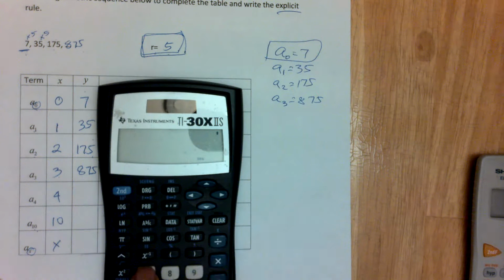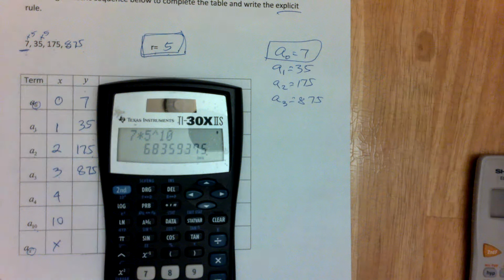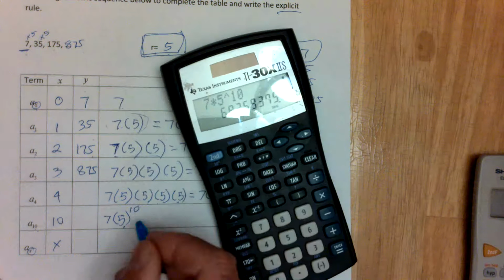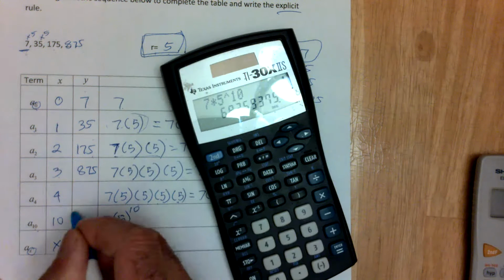And that's going to be 7 times 5, the exponent key, 10, and we get a very large number. 68359375. So I'm kind of out of space here.